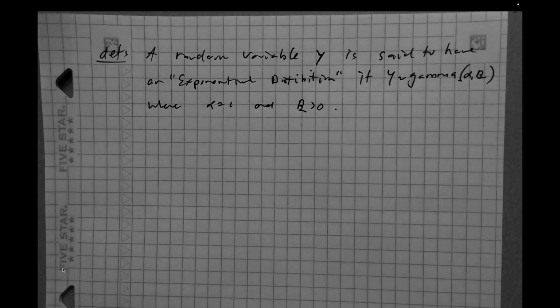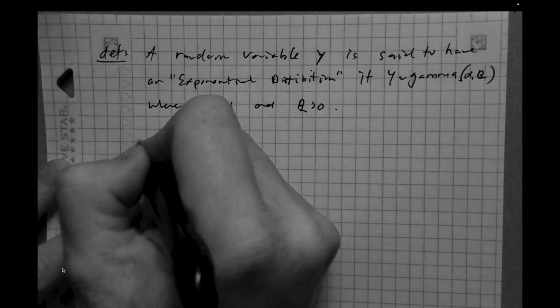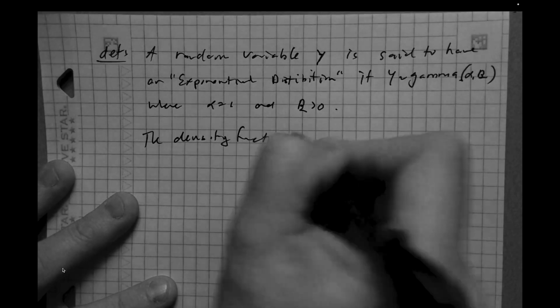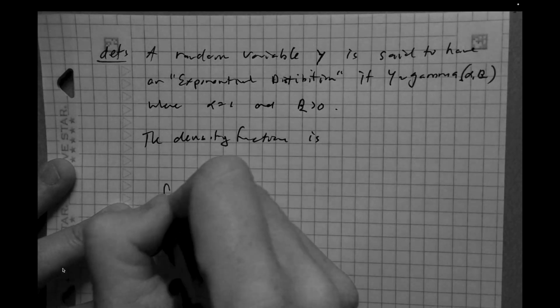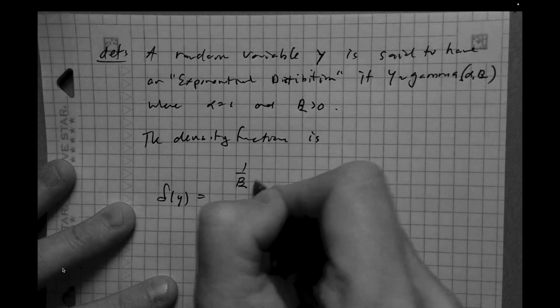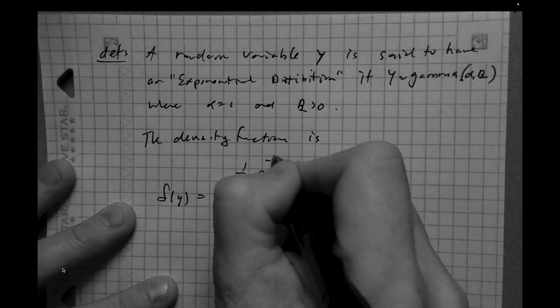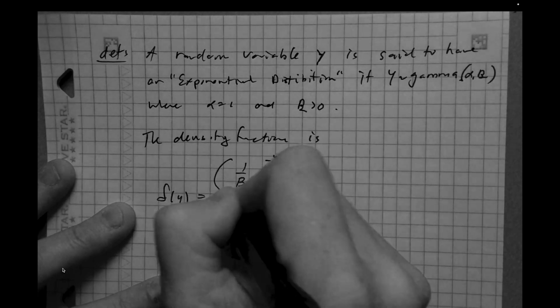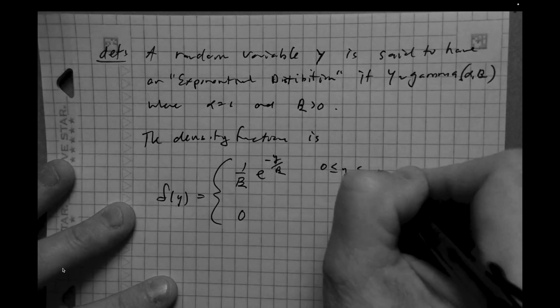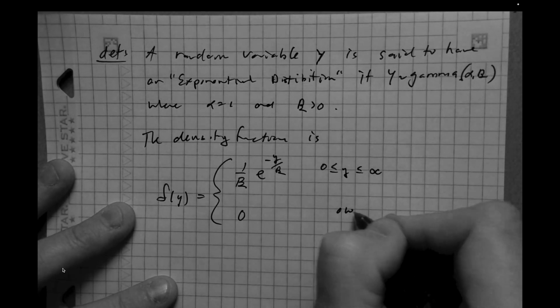In these cases, the density function is going to simplify down to this. So it's 1 over beta times e to the negative y over beta, for 0 less than or equal to y less than or equal to infinity, and 0 otherwise.